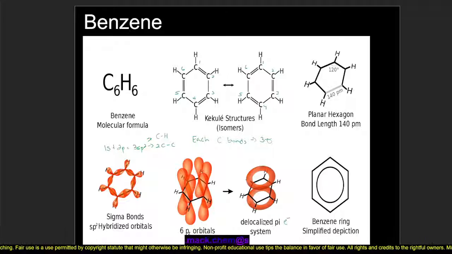That is, a region of high electron density above and below our plane of carbon atoms. This is what we consider to be our structure of benzene. And this structure is what we call a resonance structure. Our resonance structure we draw very simply as our hexagonal ring with a circle in the middle.